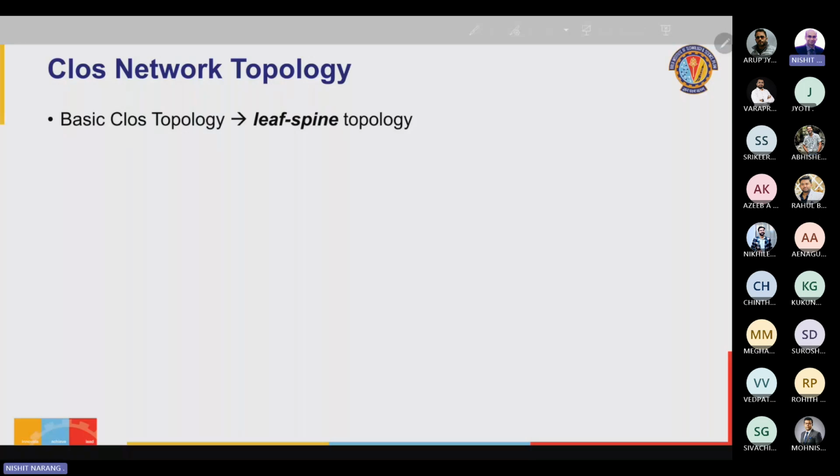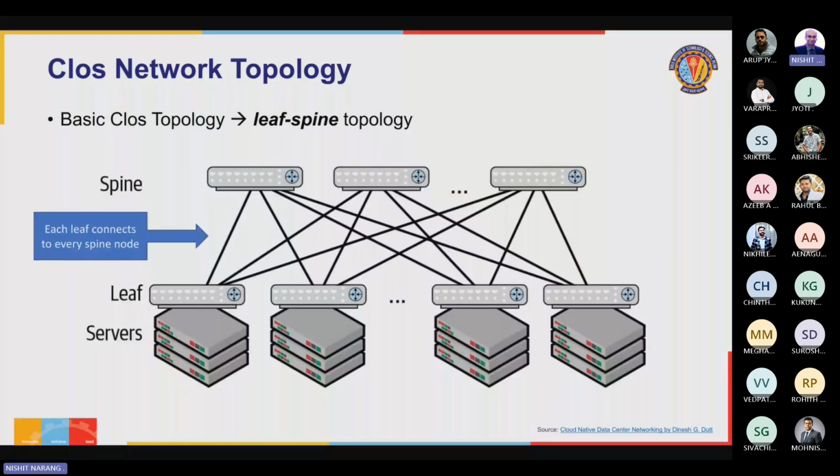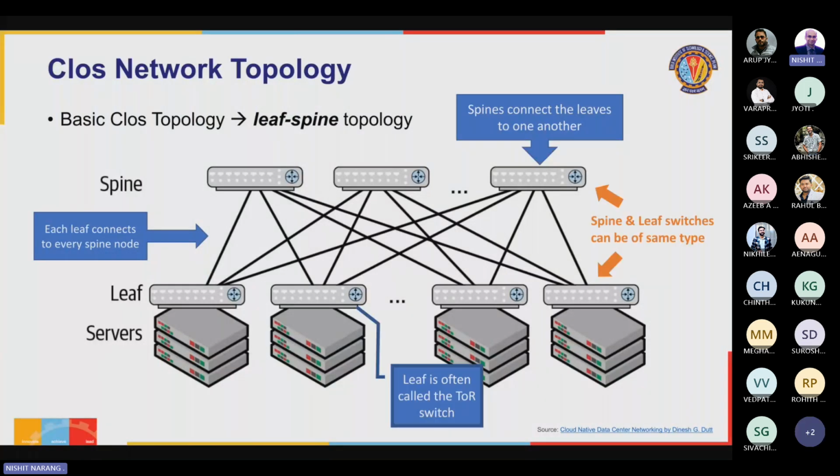If you recollect, what we were discussing last time was the modern architecture, the topology, for the modern data center network. We said the Clos network topology, and within it, one of the most basic topologies, also called the leaf-spine topology, is one of the most often used topologies in modern data center networks.